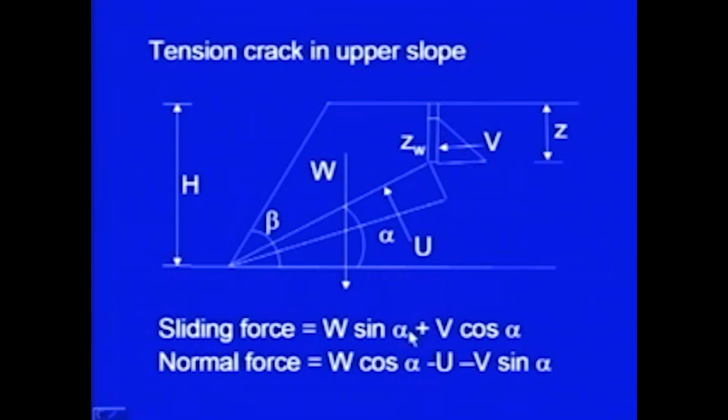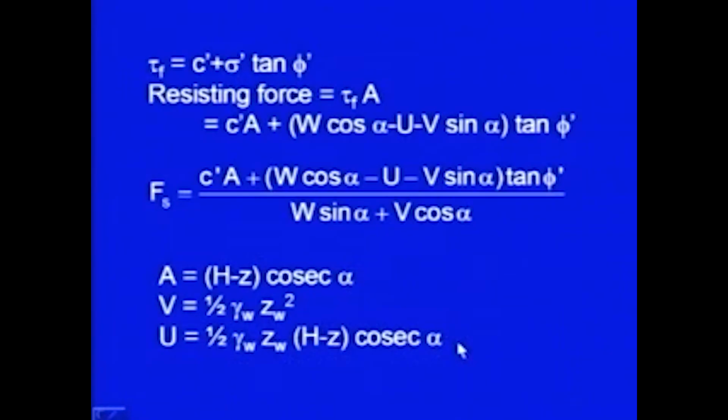Look at this place: the sliding force is being increased by an amount V cos alpha, and the normal force which is trying to help in stability is being decreased by an amount U and V sin alpha. So, this is the way the water pressure is going to act, and its effect in fact is very substantial.